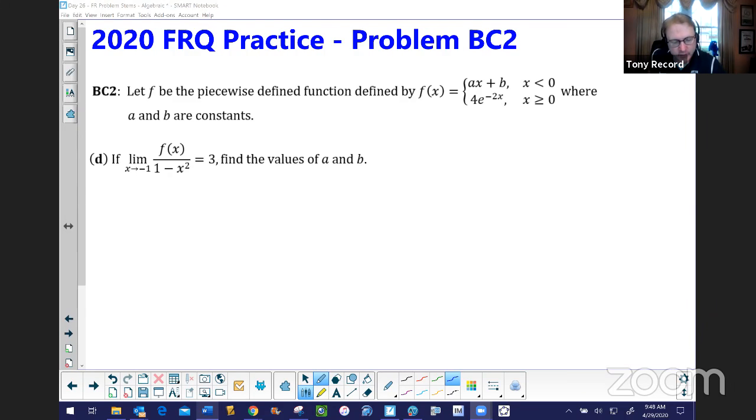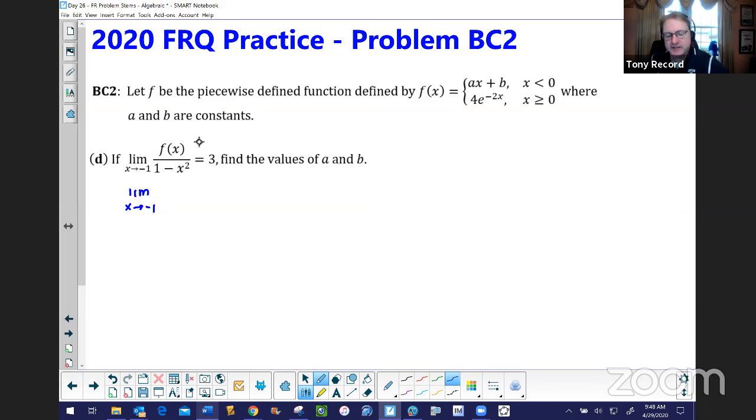So for part D here, we're going to go back to where your journey through calculus started with the limit. So if the limit as x approaches -1 of f of x over 1 minus x squared is 3, find the values of a and b. So you're going to think about this from the standpoint of, I have a limit here, and we need to take this limit, but by golly, we've got this f of x on top that's just not specific enough to us.